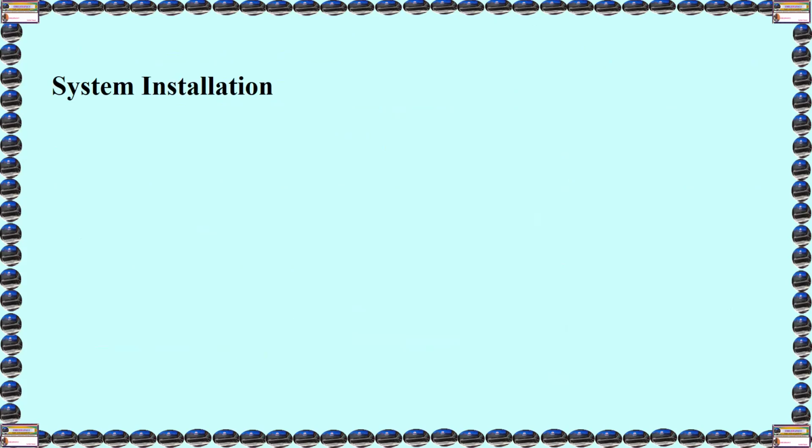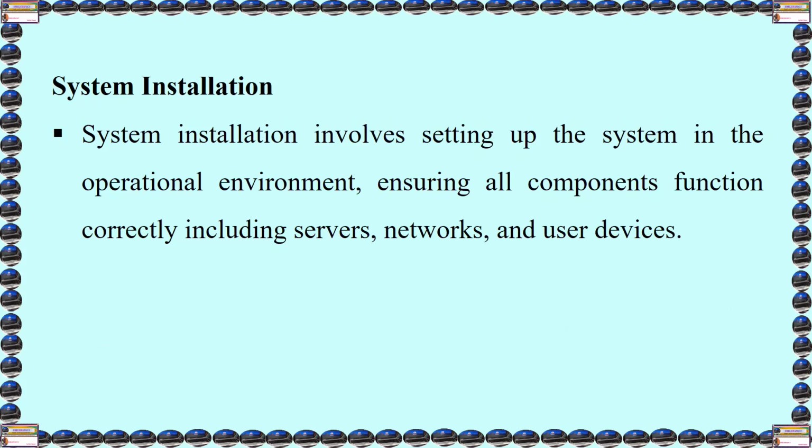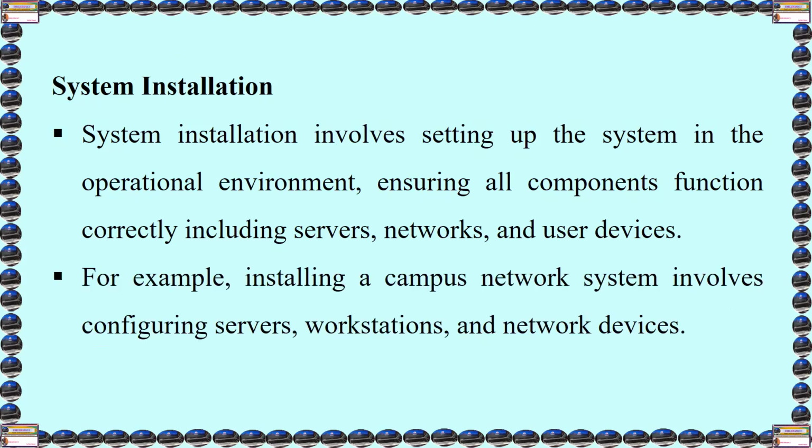We begin with the system installation. This involves setting up the system in the operational environment, ensuring that all the components function correctly as intended, including the servers, networks, and user devices. For example, installing a campus network system involves configuring servers, workstations, and networking devices.